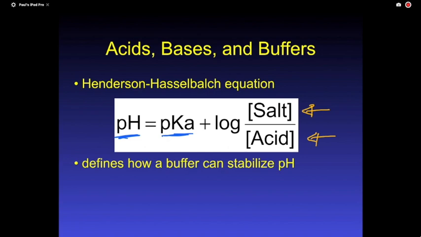This has nothing to do with your calculator. But I'm going to give you some principles to be able to use this and predict, should something be protonated, or should it not be protonated? And how these things interact in the buffering system.